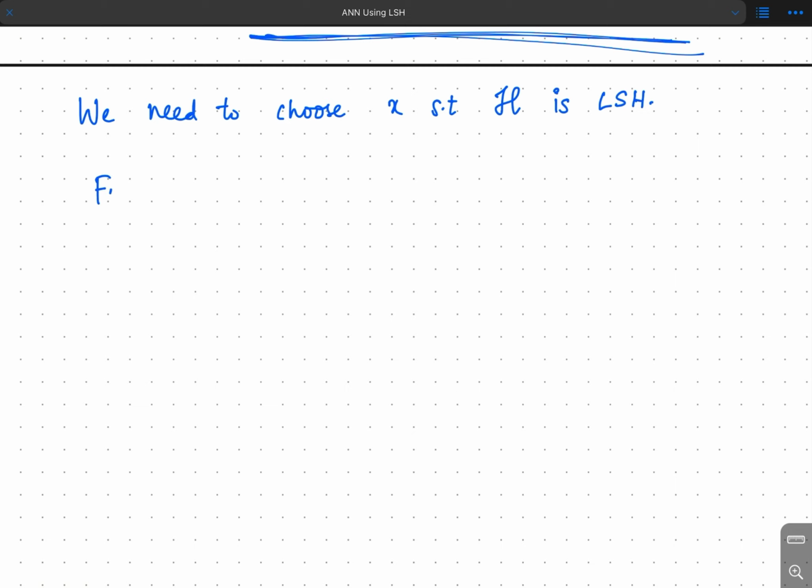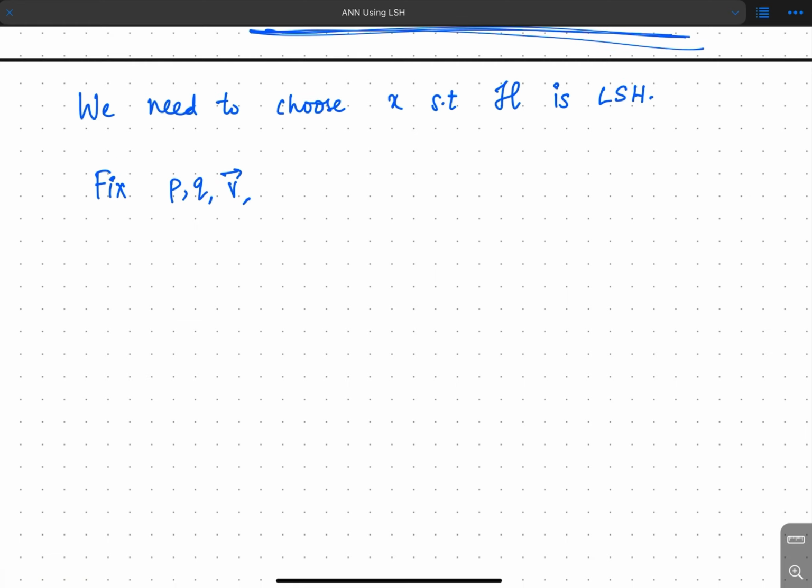So fix p comma q, and we will even fix v bar. For now we will fix v bar, and again we will fix x also.